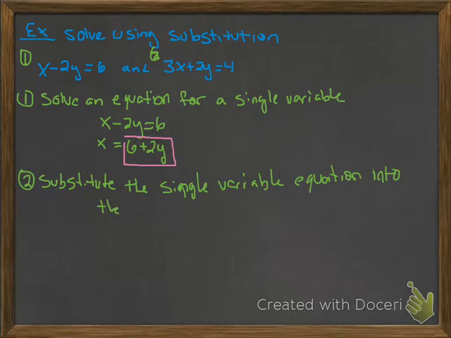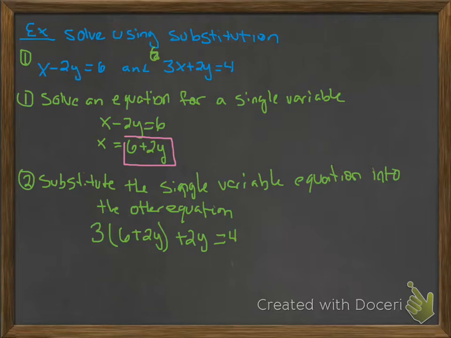We'll write it as the other because it might not always be the first equation. So when I go to substitute this in, I get 3 parentheses, because I see an x, 6 plus 2y, plus 2y is equal to 4. So my last step is then to solve. Step 3 is to solve.